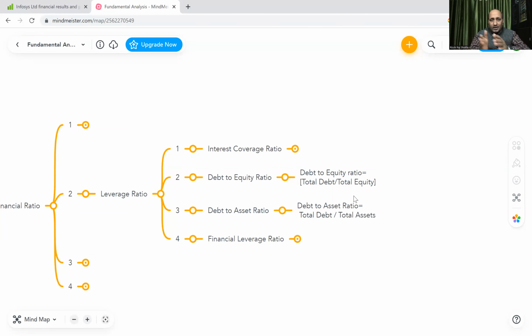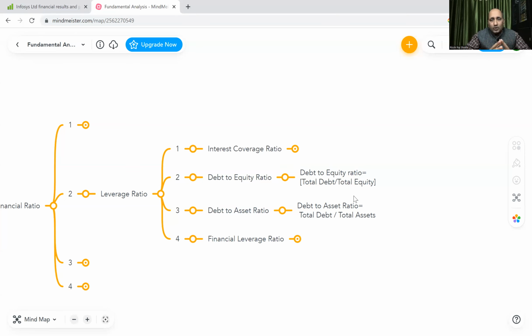In case a company goes default, whether the shareholder will be able to get the amount back through sale of those assets. That is why it is very important to note the debt to asset ratio. It is calculated as total debt divided by total assets.